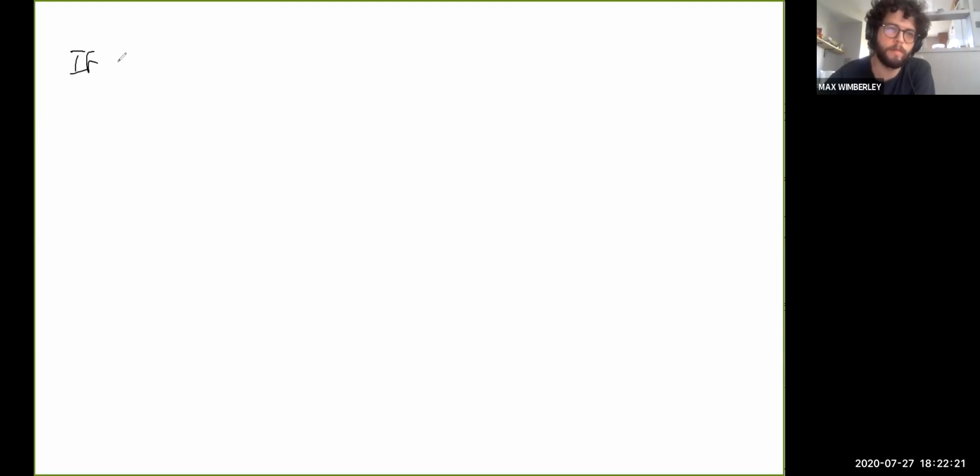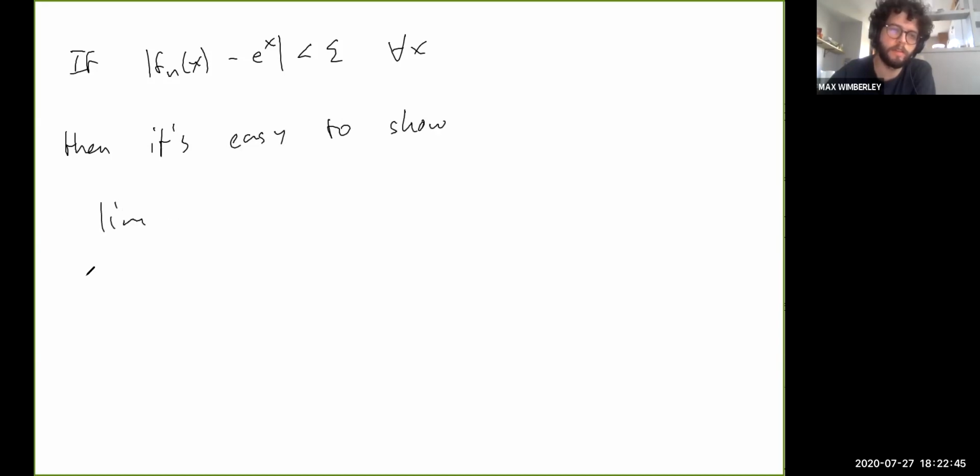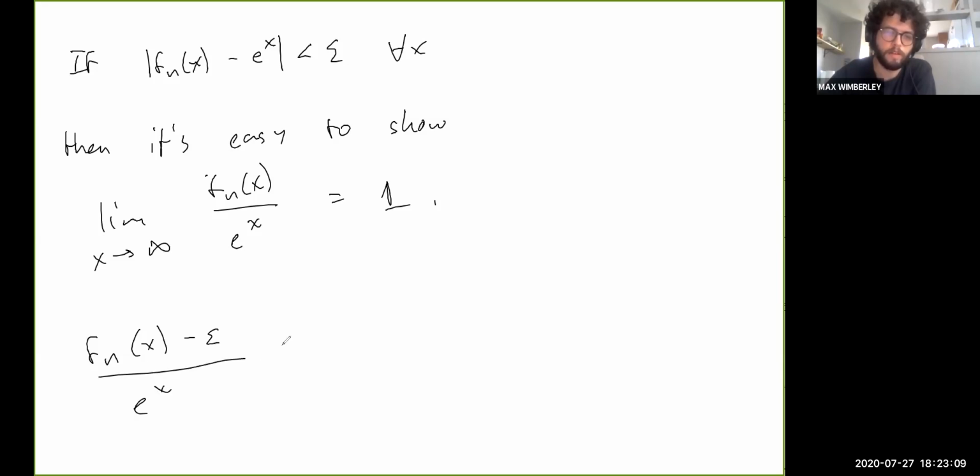if fn of x minus e to the x were less than epsilon for all x, then it's easy to show that the limit as x goes to infinity of fn of x over e to the x is 1, because we would know that fn of x is less than or equal to e to the x plus epsilon.